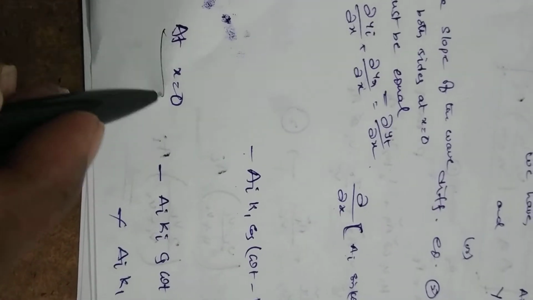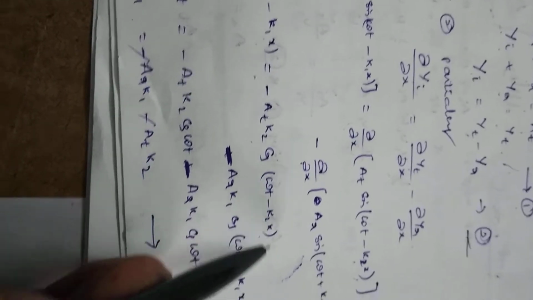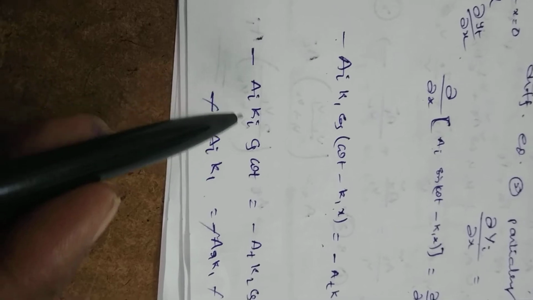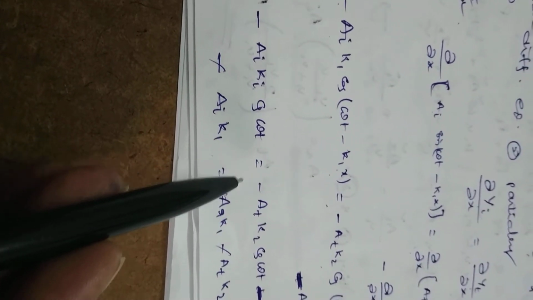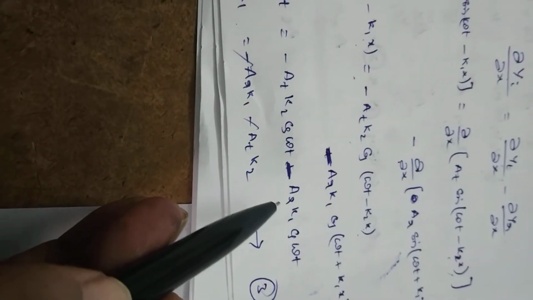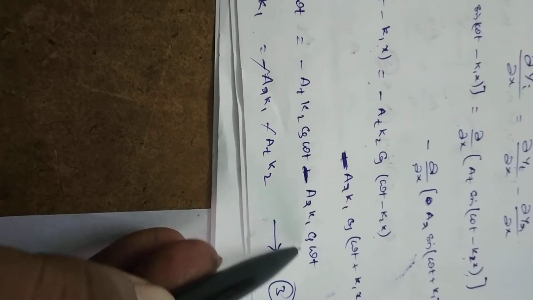Also at the boundary, at x is equal to 0, the x terms are 0. The final formula is minus Ai k1 cos ωt is equal to minus At k2 cos ωt minus Ar k1 cos ωt. The cos ωt cancels on both sides.